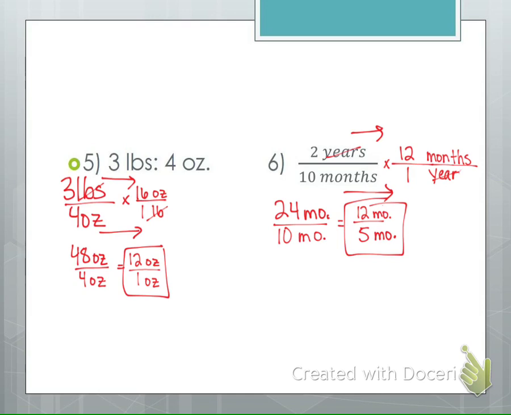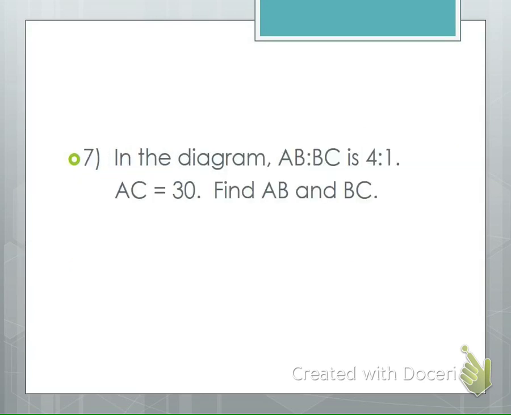Questions before we move on to the back and bring a little more geometry into this? Okay. In the diagram, there's not a diagram, but we'll make one. We just need a line segment. In the diagram, AB to BC is 4 to 1.